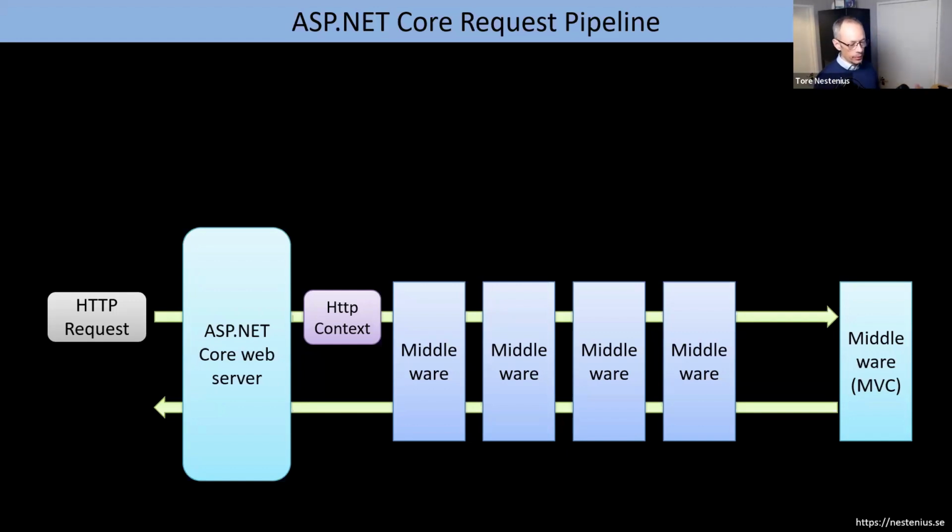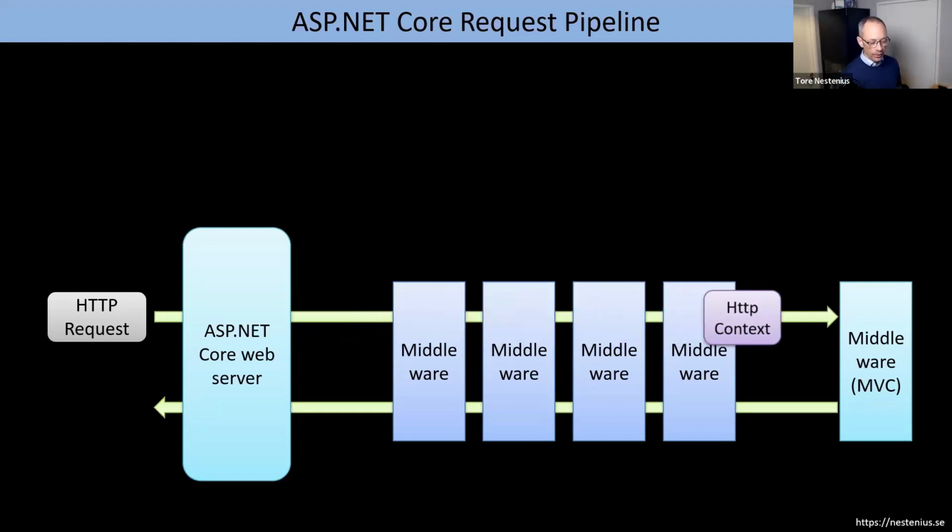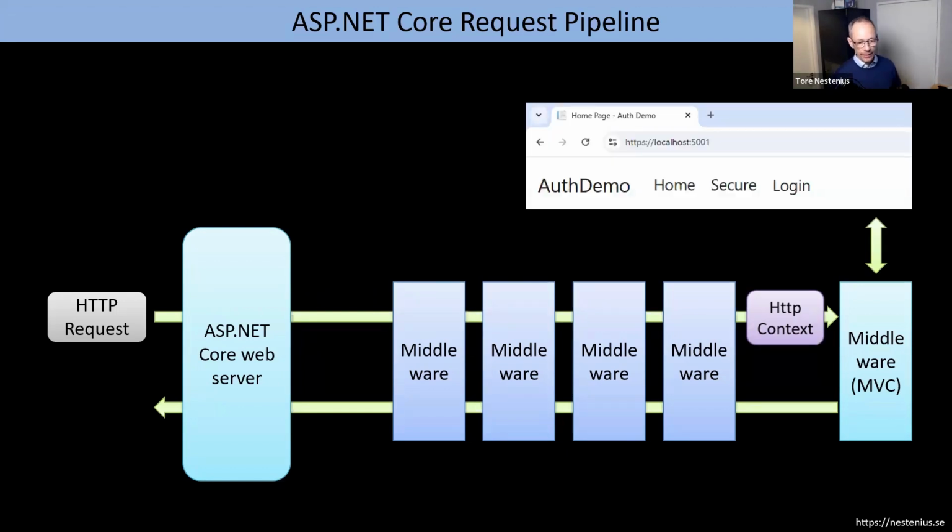But in our case, a request comes in, we get an HttpContext object, and that one passes through these middlewares, and then finally it ends up at the MVC middleware, and that one can take the information in the context object, which represents my request, and then it can display the page for me.